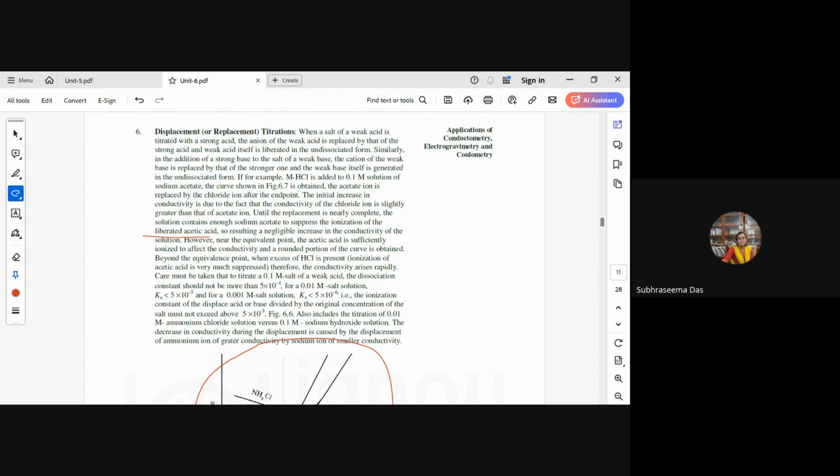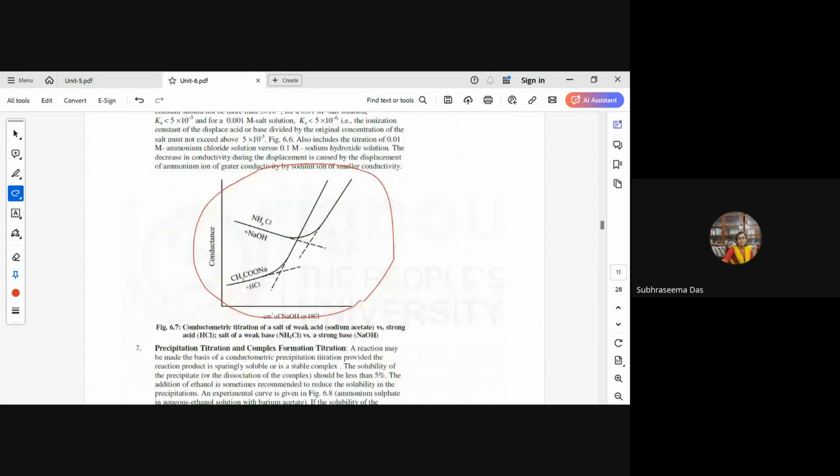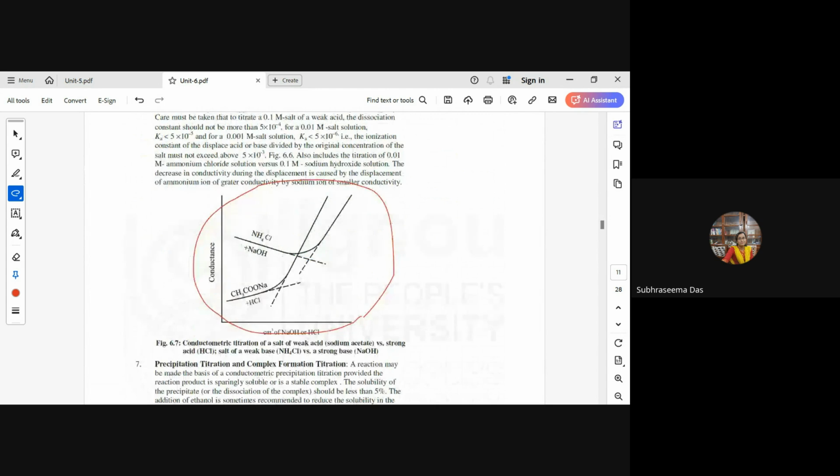But after the equivalence point or the end point, acetic acid is sufficiently ionized that it affects the conductivity, and we see a rounded portion of the curve. Beyond the equivalence point, when HCl is present, the conductivity increases sharply. That is why we see a graph like this.